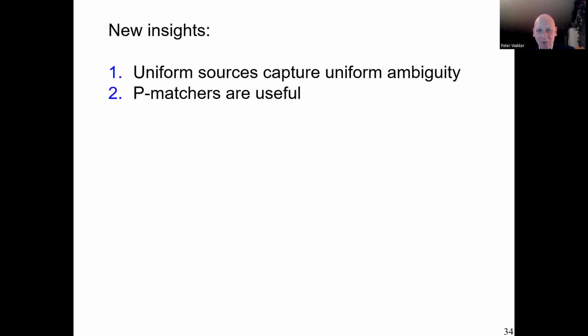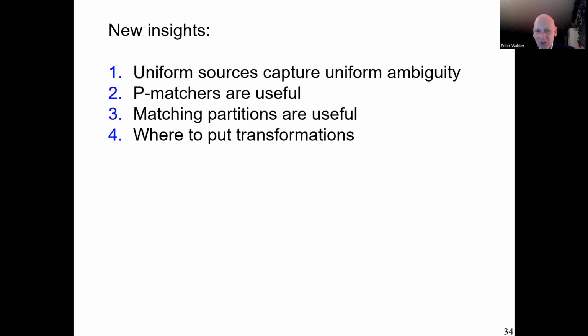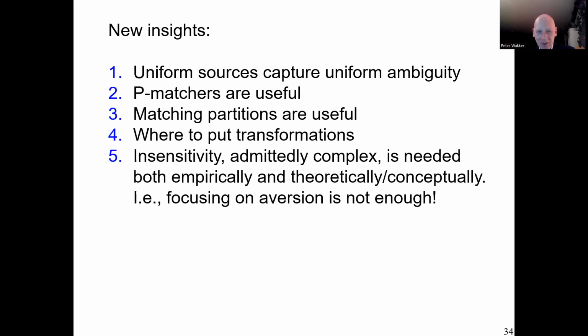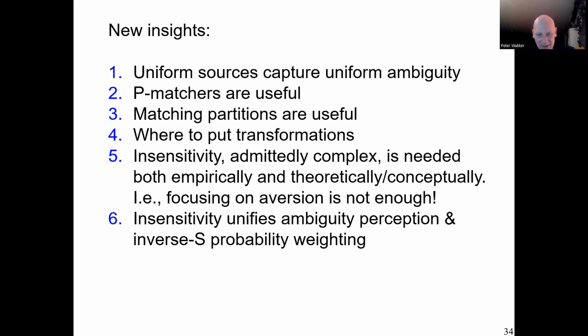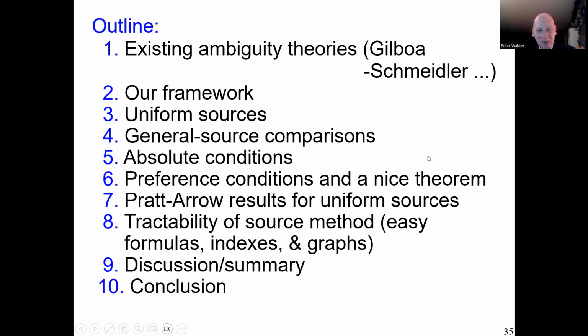I said all these things already. It's summarized here. Many new insights come from it. For instance, that matching functions allow us to compare sources of uncertainty very conveniently, and all kinds of other insights that you should not ignore. Insensitivity, if you want to define ambiguity and neutrality. But I said all these things. People can stop the video and read. I want to go to the conclusion, not to spend too much time talking.